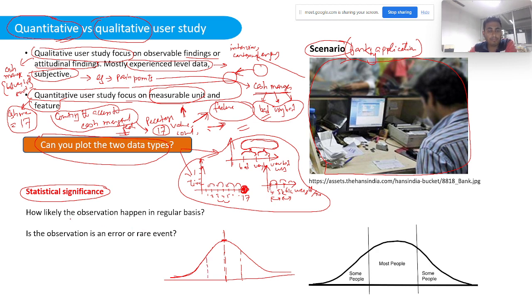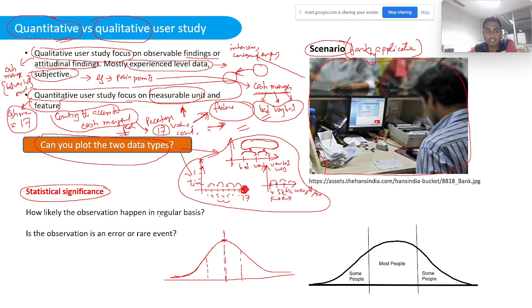That means what? For example, this is a particular bank application case, and we see a particular case where this person faced difficulty in identifying a specific feature. For example, here's a button, and this particular person could not find this button.